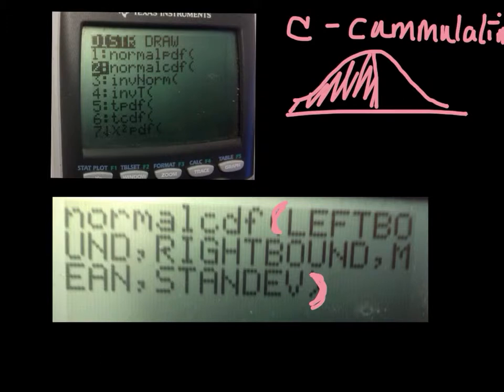These are the things you have to enter: the left bound, which is the smallest number you're looking at on the screen, the right bound, which would be the largest number, and then the mean and the standard deviation of the distribution you're looking at. I'm going to show you how a problem looks in the normal CDF, and then we can do some problems we did yesterday.